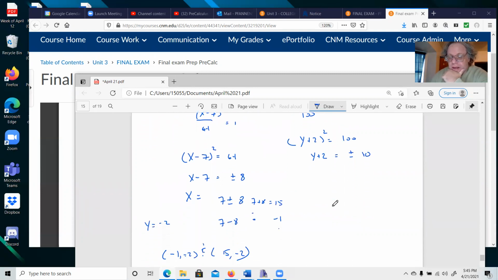And we're going to have y is equal to negative 2 plus or minus 10. So negative 2 plus 10, negative 2 minus 10. So that's going to be 8 or negative 12.